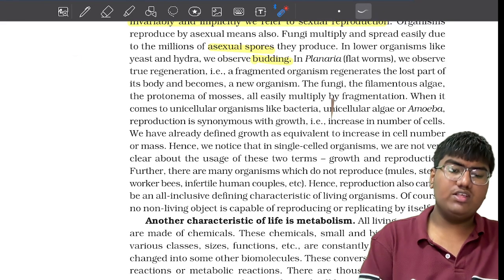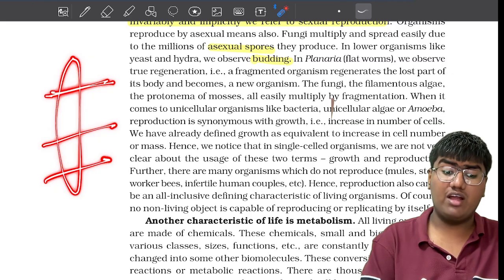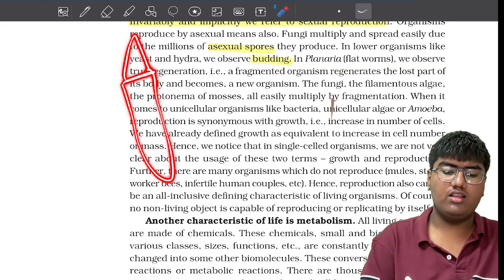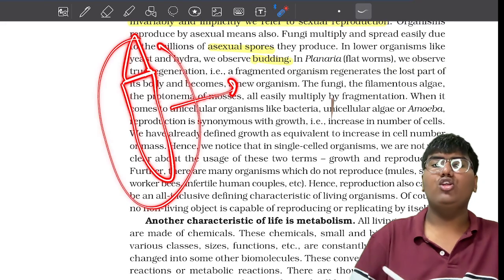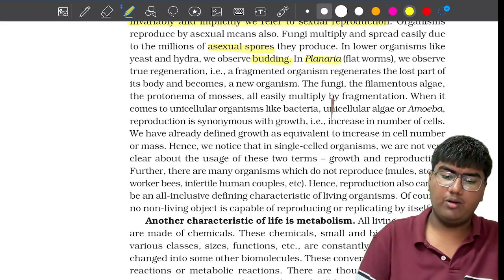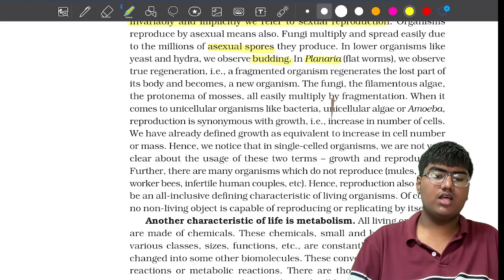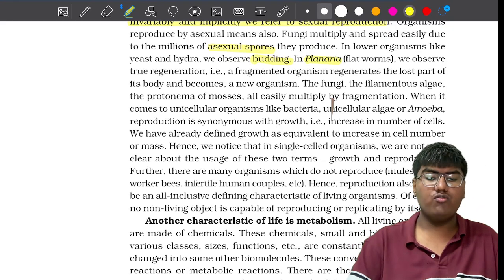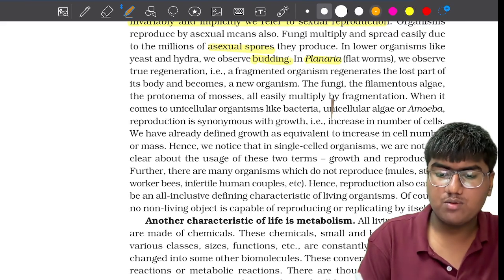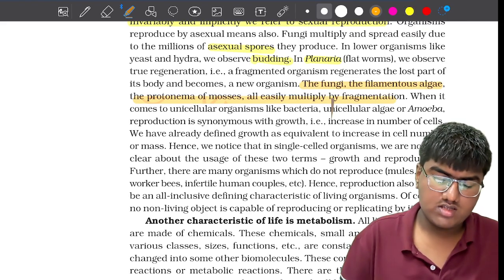So if it's a planaria, it gets fragmented into a few parts, and for example, if this is a part, the other parts get regenerated and it's a new organism. So that is fragmentation, which is observed in planaria. The fungi, the filamentous algae, and the protonema of mosses all easily multiply by fragmentation. These are all things that we will be studying in our plant kingdom chapter. So now let's see it further.